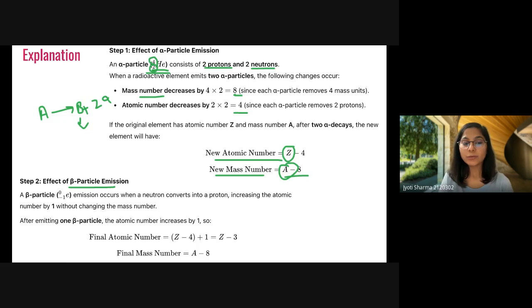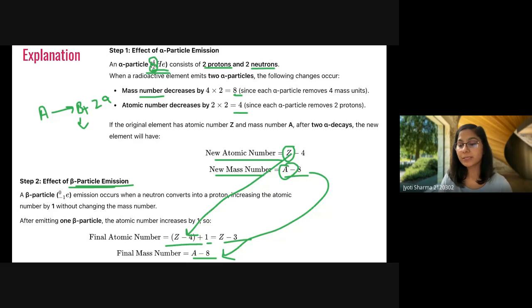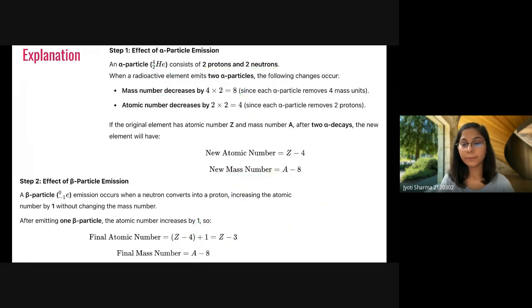Beta particle emission means this will increase our atomic number by 1. So right now we had Z minus 4, and with the beta particle emission this will increase our atomic number by 1. So this will be Z minus 3, and the final mass number will be A minus 8. So this is same, right? Our mass number is the same, but the atomic number is differing. So that's why we can tell that this is isobar, right?